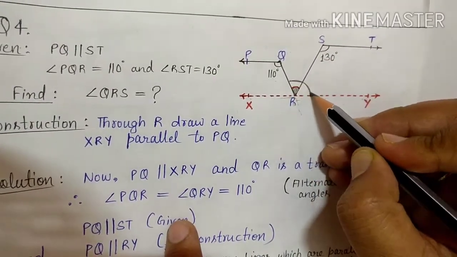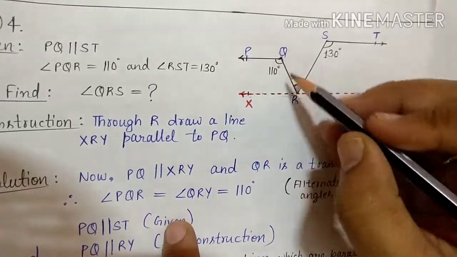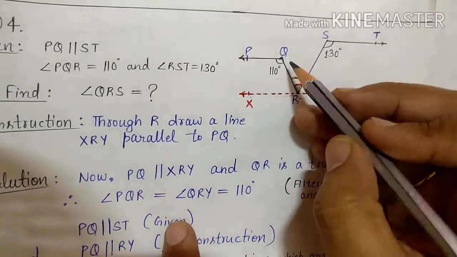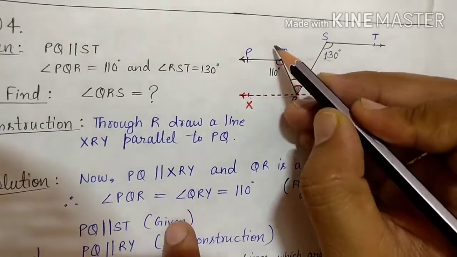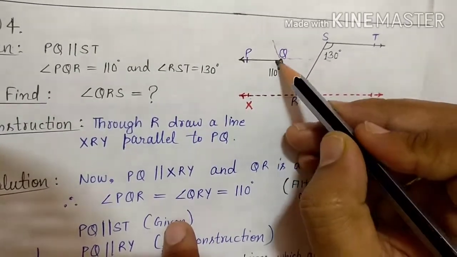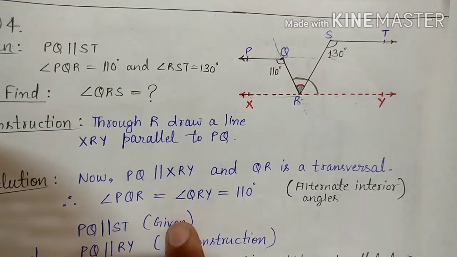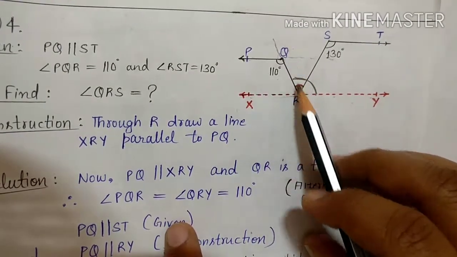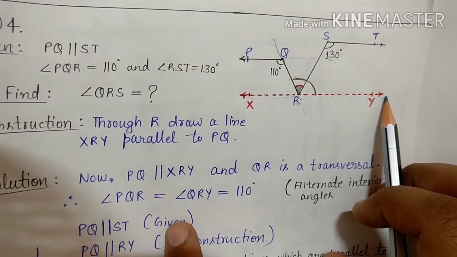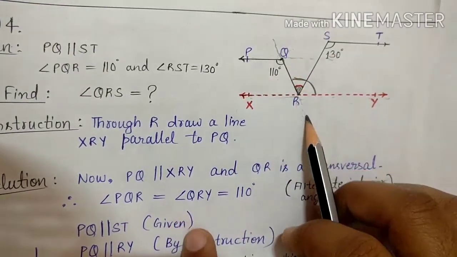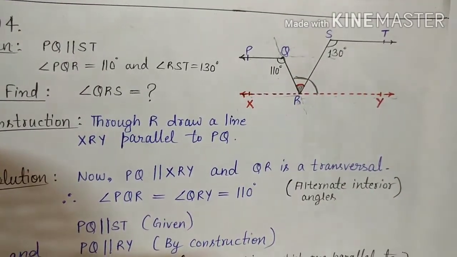This full angle will be equal to PQR, because these both are alternate interior angles. QR is working as a transversal.